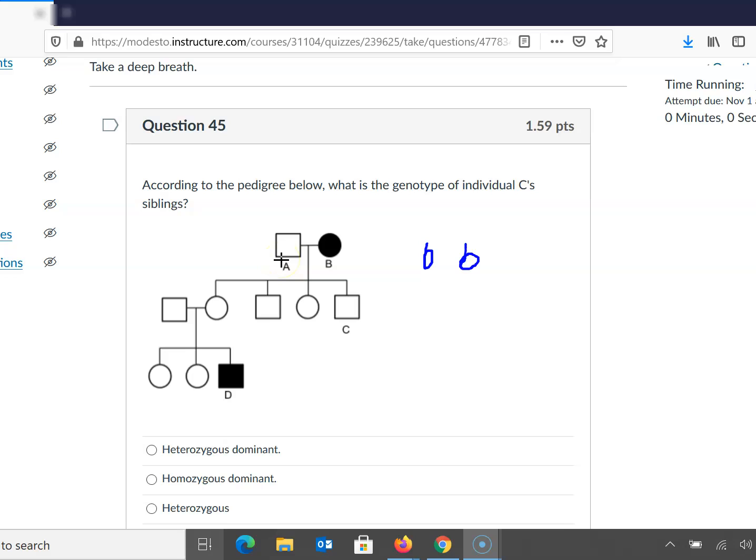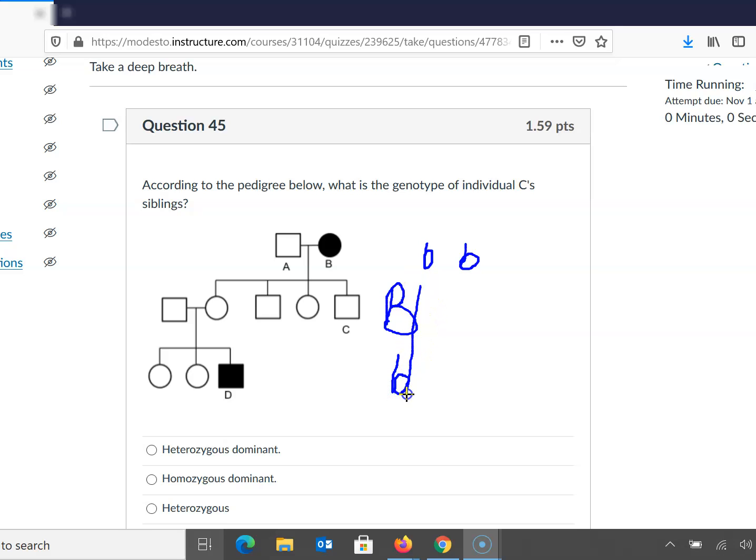So A, what is their genotype? Well, we know that they have to have at least one big B. And we don't know what their other allele is, but let's just assume it's a little b.